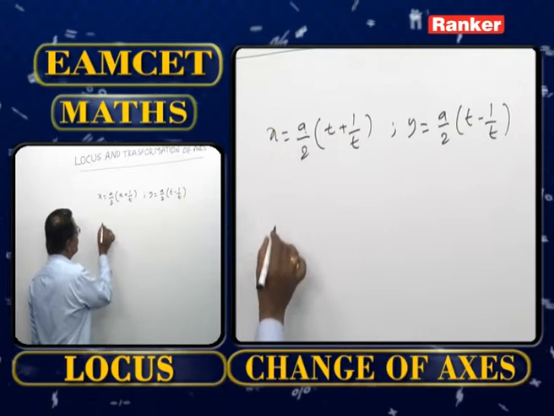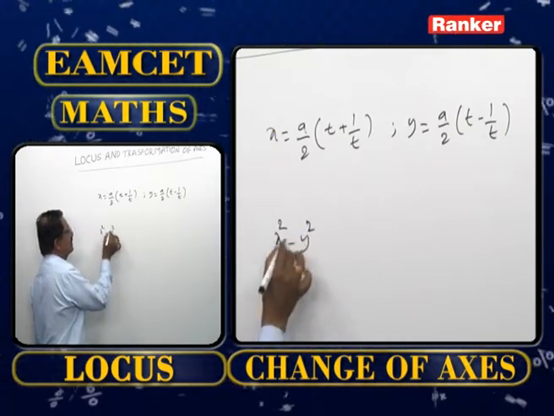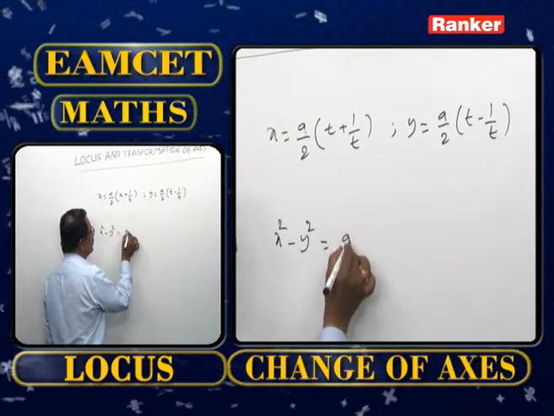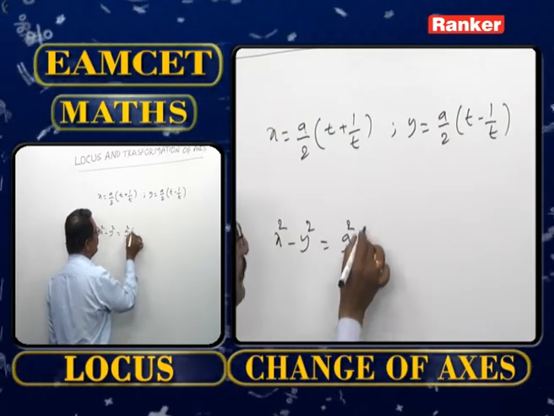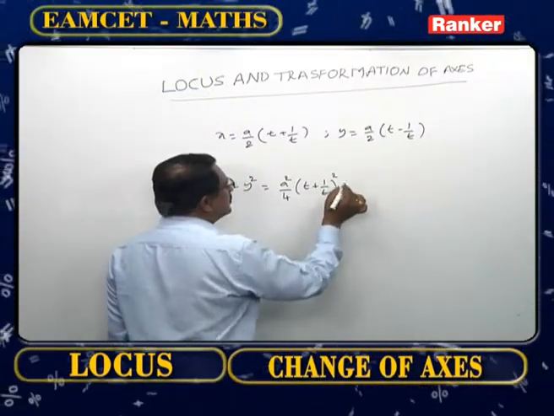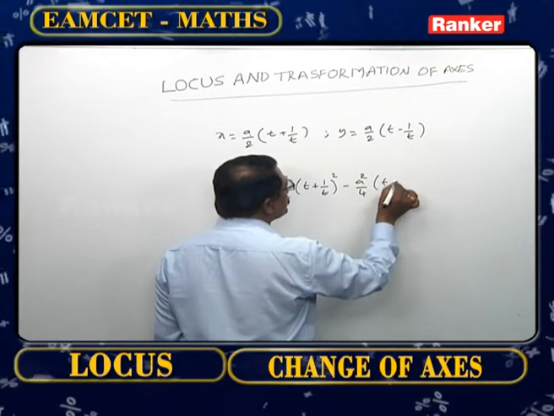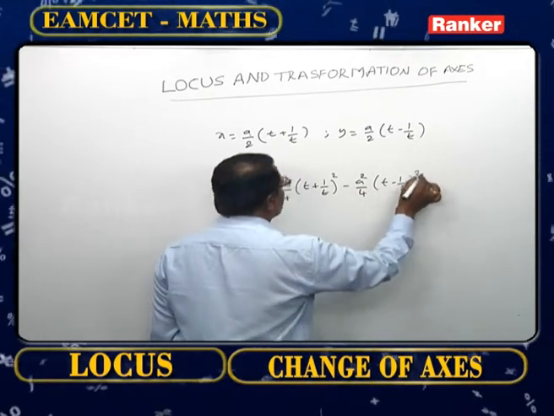Now, square both equations and subtract the second from the first. x square minus y square equals a square by 4 into (t plus 1 by t) whole square minus a square by 4 into (t minus 1 by t) whole square.